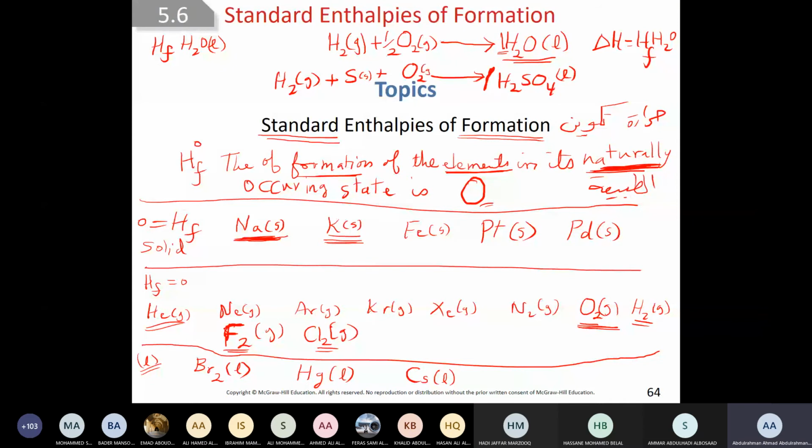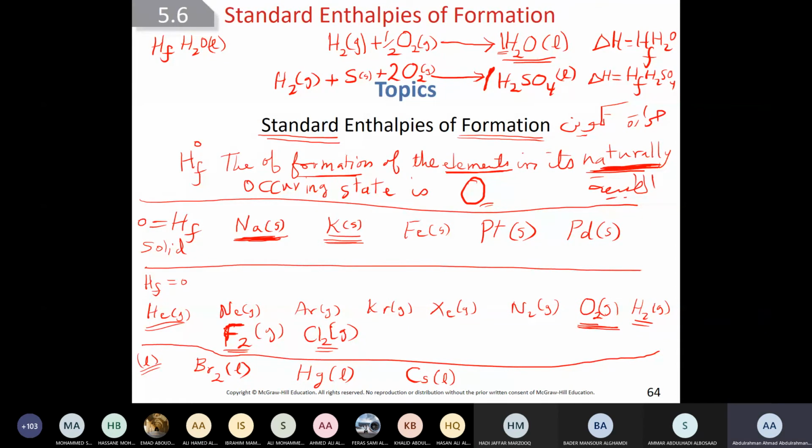Only O2? 2 O2, multiplied by 2. So what's the heat of this reaction? Delta H is equal to the heat of formation of H2SO4. Is this clear?